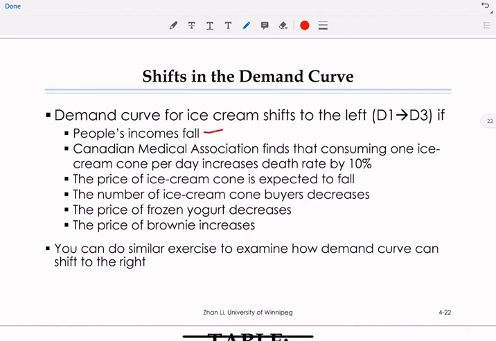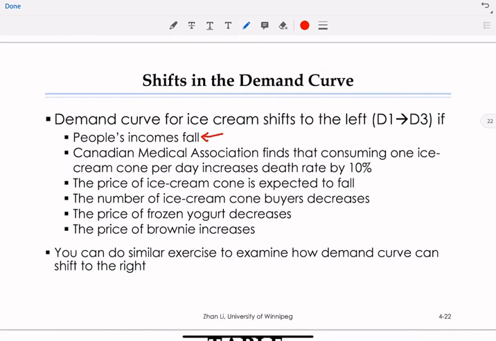First, people's income falls. Well, let's assume ice cream is a normal good, right? So in this case, we know that by the definition of a normal good, if your income decreases, then your demand will decrease. In this case, it means the demand curve will shift to the left.